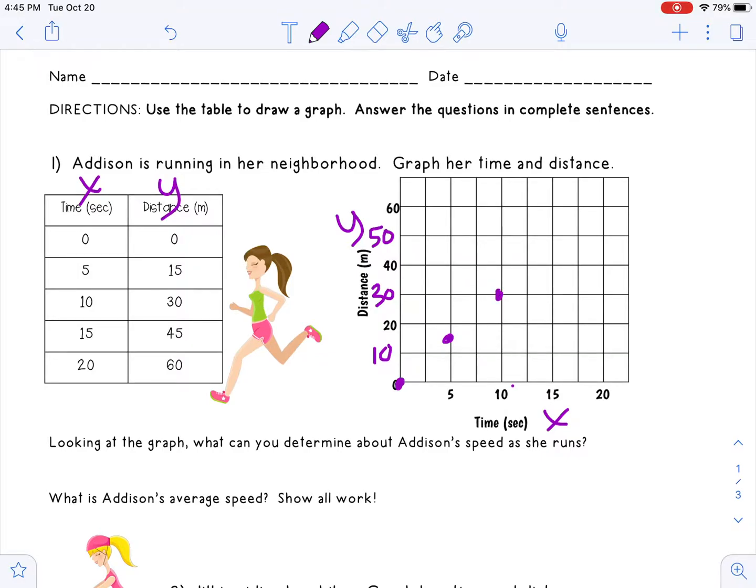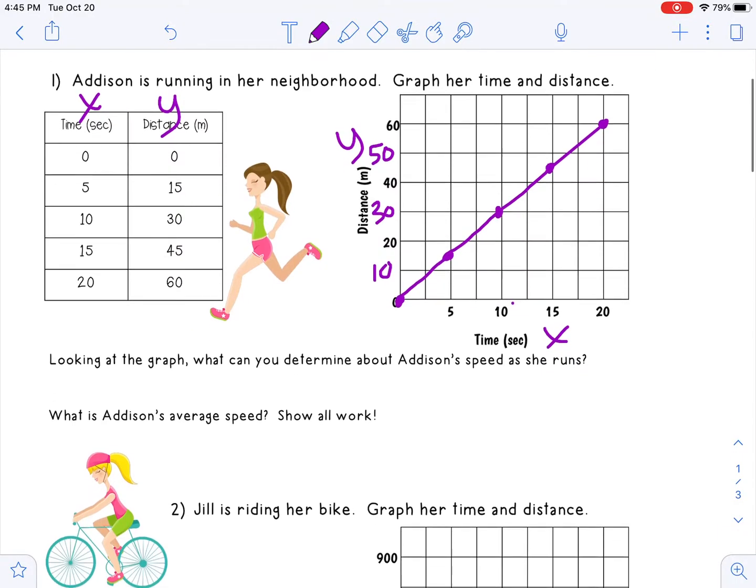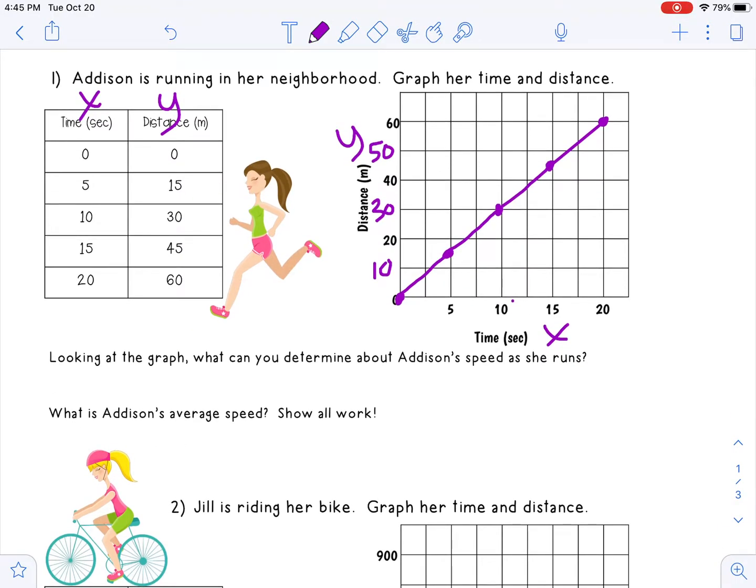And then 15 and 45. And then 20 and 60. Okay, so I'm finished with plotting my points. Now I'm ready to draw the line in the order that I plotted them. So I'm connecting those all together. So I'm ready to answer the questions.